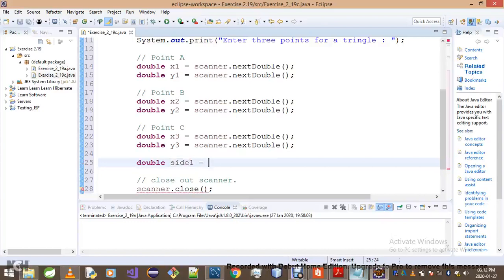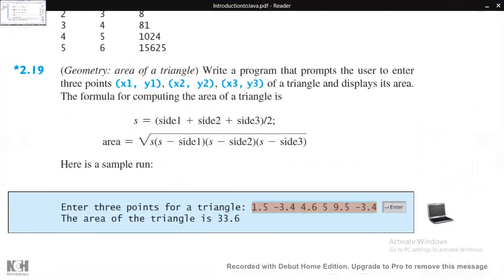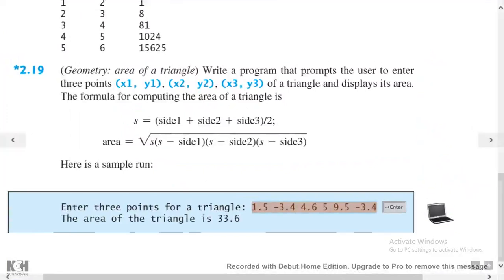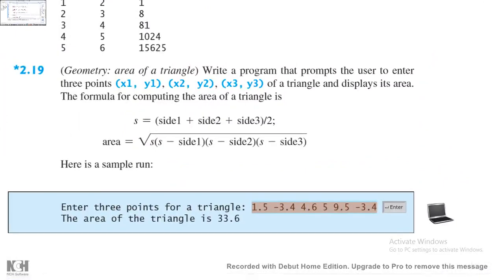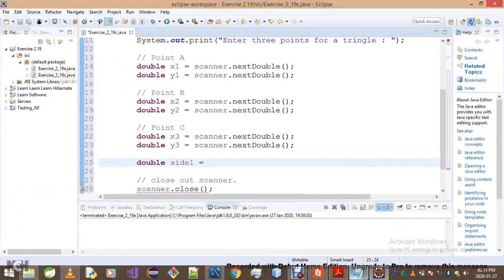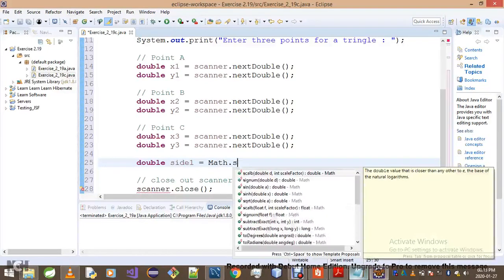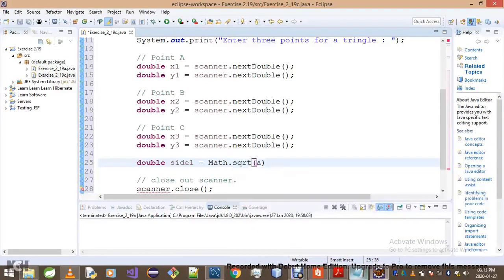However, since they were giving us in this form, I'm kind of confusing things here. Yeah, let's do it this way. So we're gonna have side 1, which is simply the distance between A and B. So that will simply be given as Math.sqrt, square root of what?